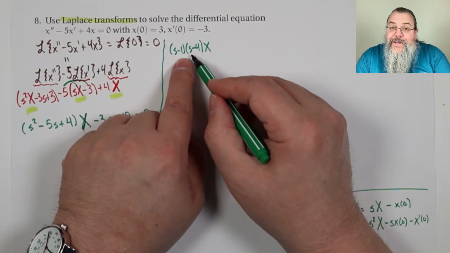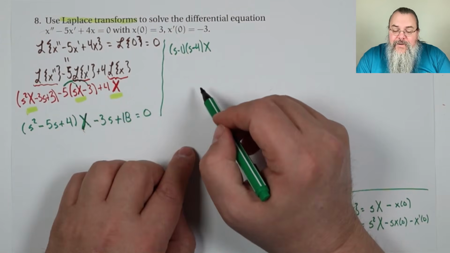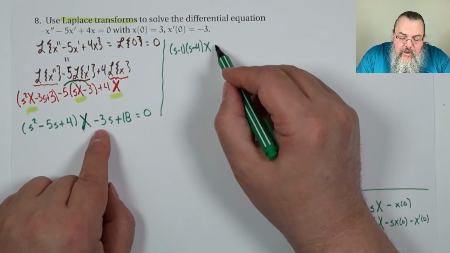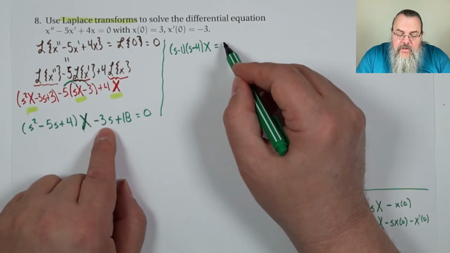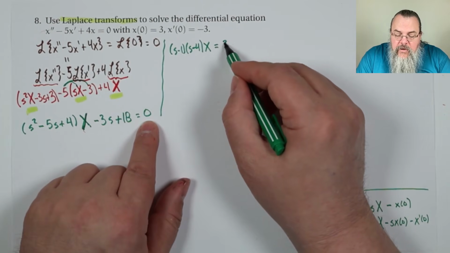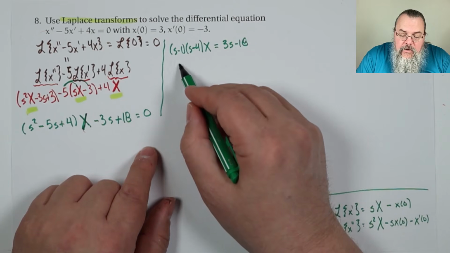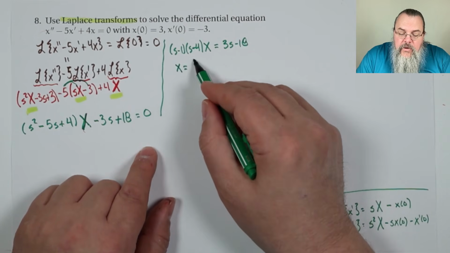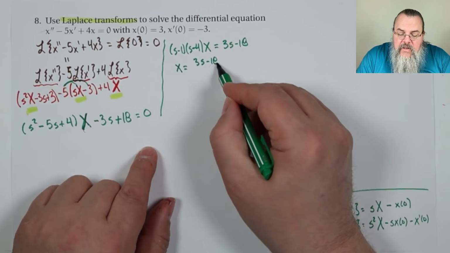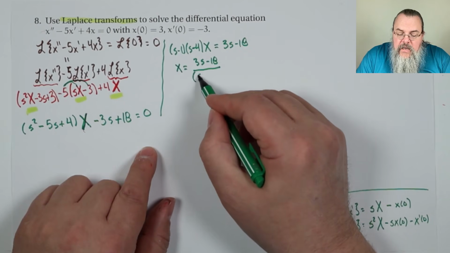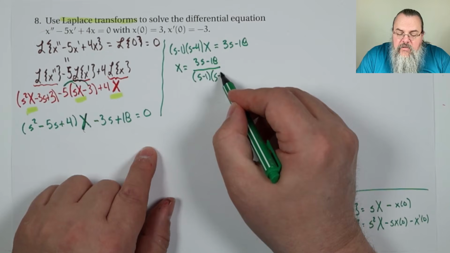Minus 4s minus s is minus 5s, and a plus 4. And these other terms we move across, so when we move them across, 3s subtract 18, and now we get X is 3s minus 18, divided by s minus 1 times s minus 4.